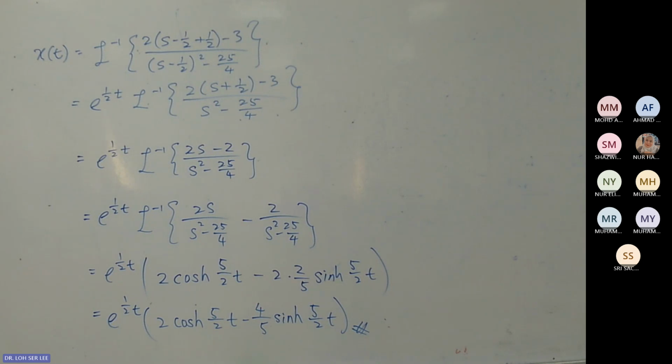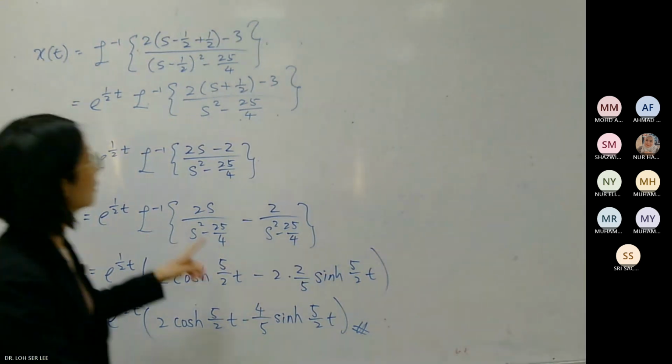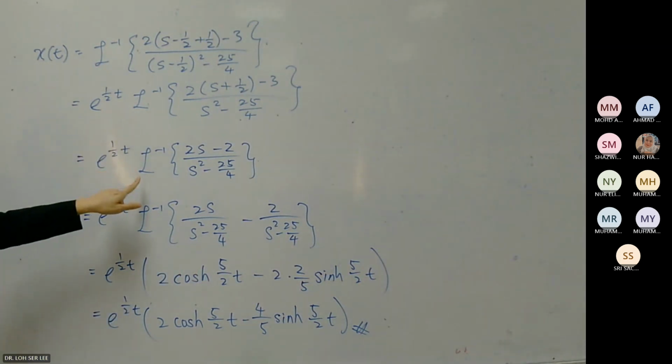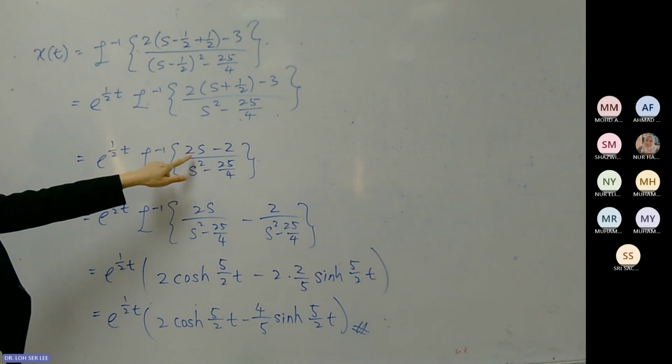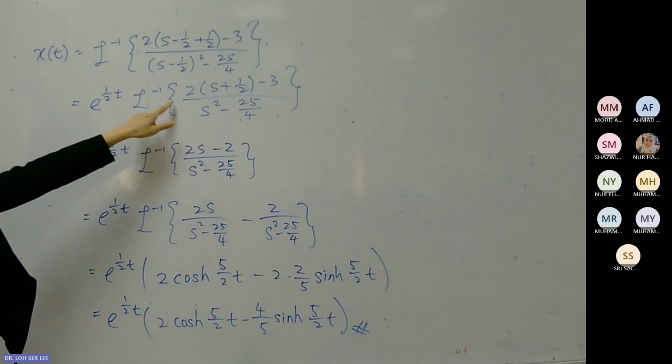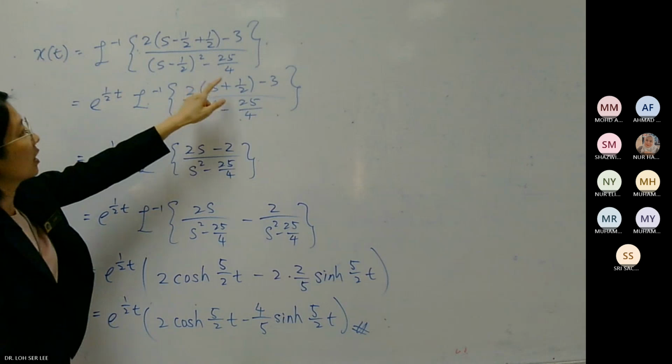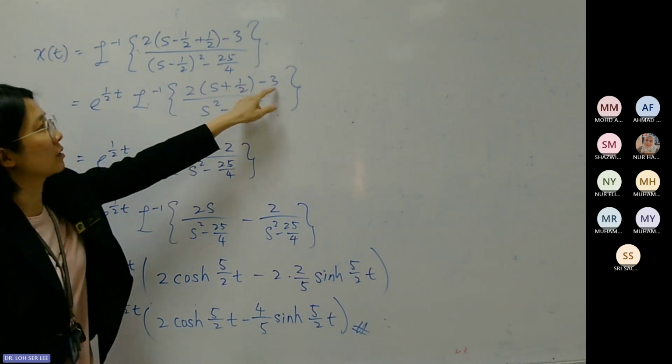Okay, number 3. Exponential. This one. 2x minus 2. Here, 2x plus 2 times half, which is 1 minus 3.